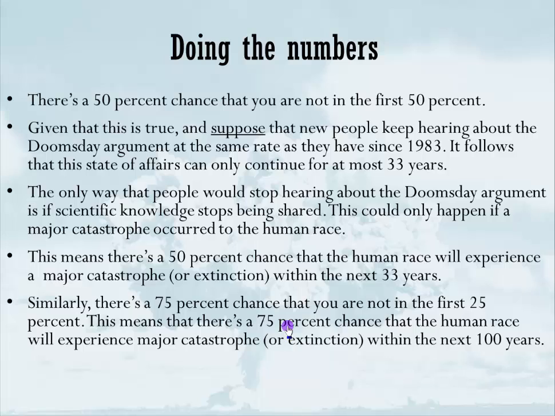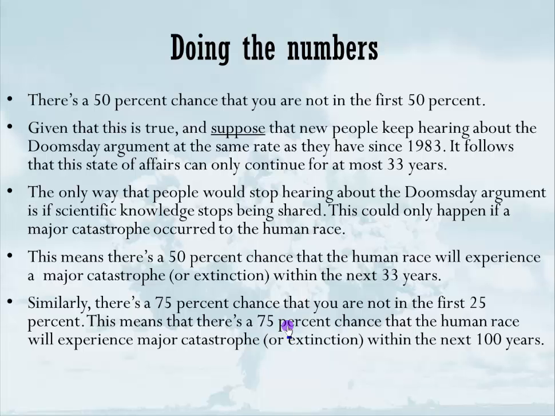Now, I use 50%, but there's nothing special about 50%. There's a 75% chance that you're not in the first 25%. That means there's a 75% chance that the human race will experience a major catastrophe within the next 100 years. How do I get 100? That's 3 times 33. Because 25% have already gone, there's 3 times as much time left, because 75 is 3 times 25.